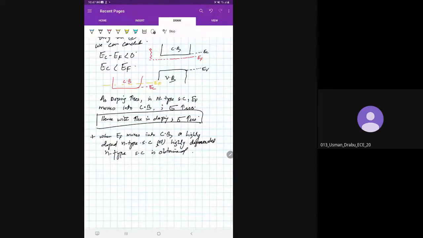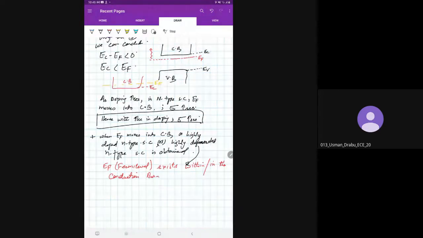So we can say then in highly doped or highly degenerated n-type semiconductors, EF, which is the Fermi level, exists within or in the conduction band. This is very important. Please remember it.